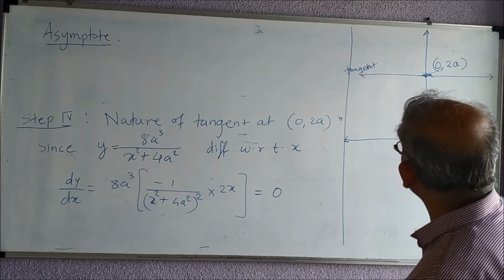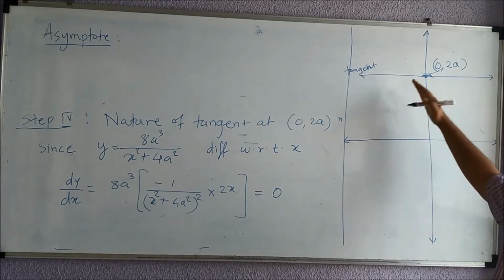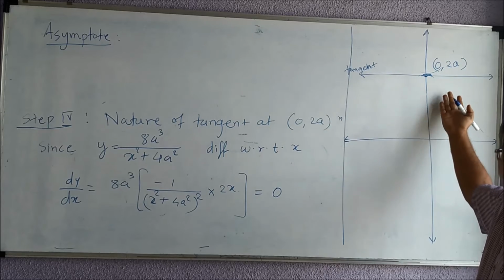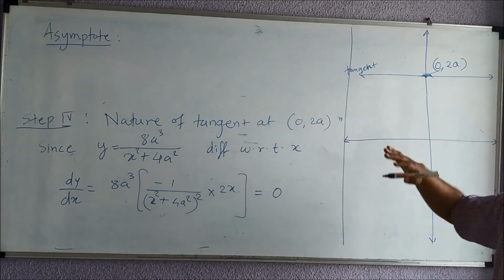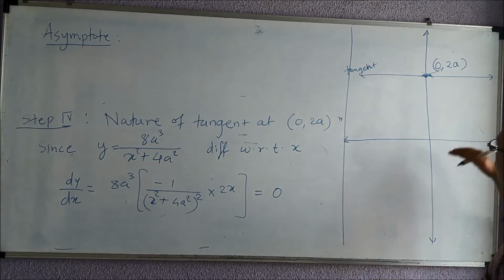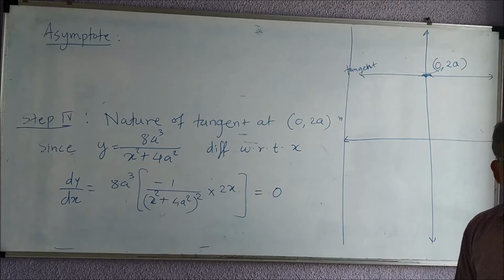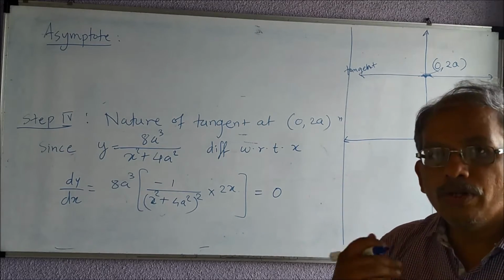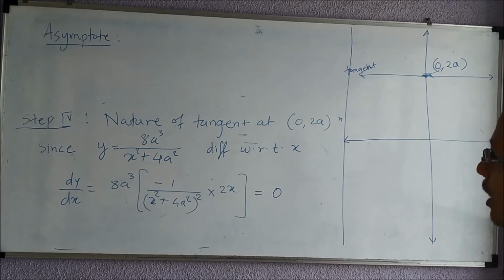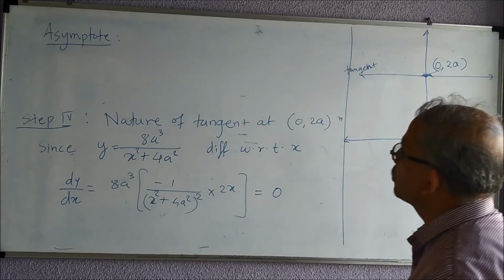Now the curve is symmetric about the y-axis, right? So the asymptote, whatever exists, must be parallel to the x-axis. And how will we calculate the asymptote parallel to the x-axis?